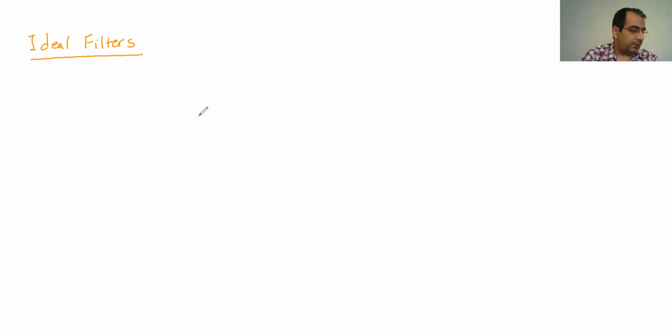There are four types of filters that I'm going to discuss today that usually are called the ideal filters. Just know that usually we may get close to this ideal filter, but we can't get the ideal filter in the real world.